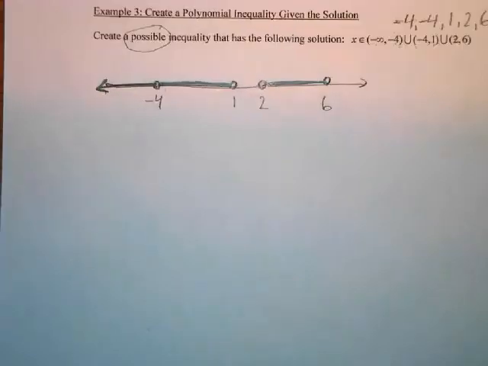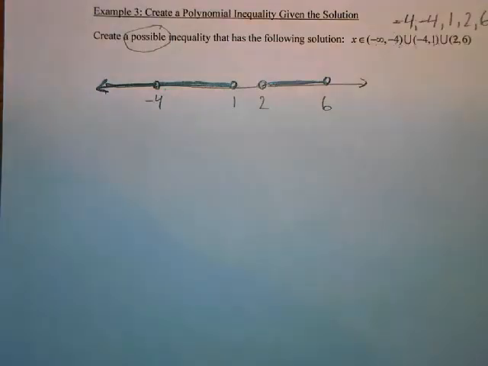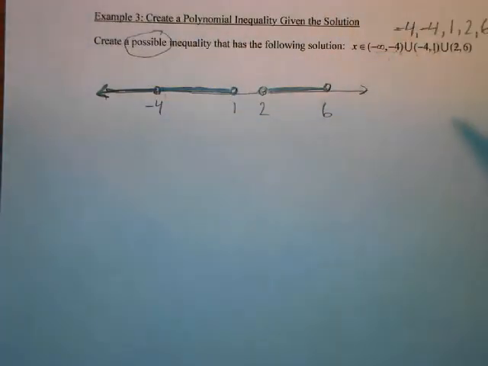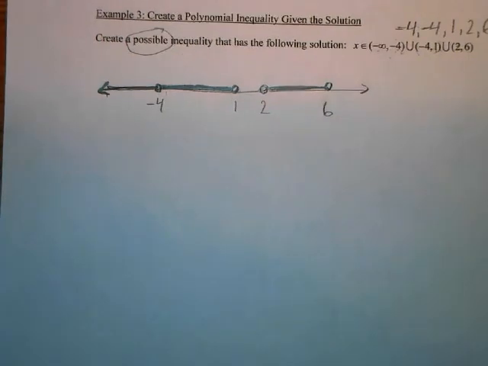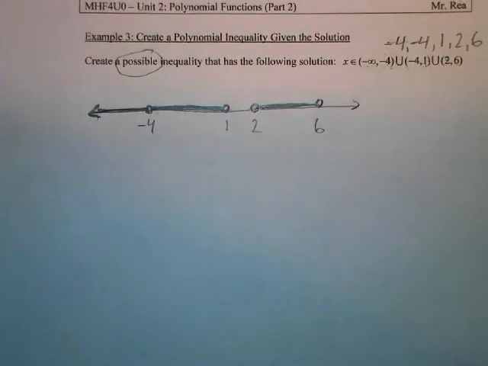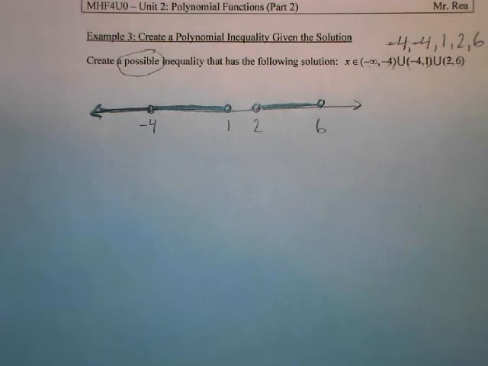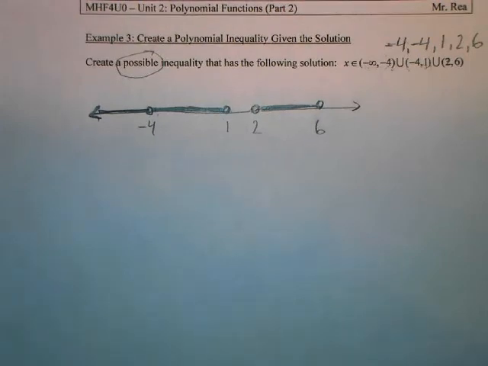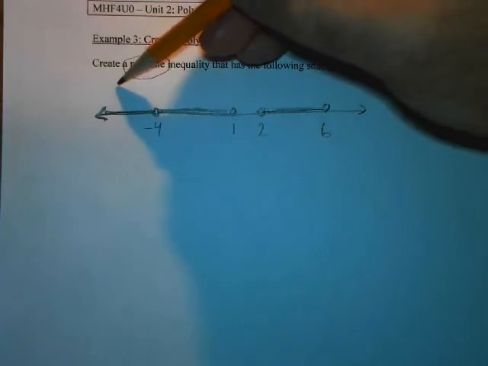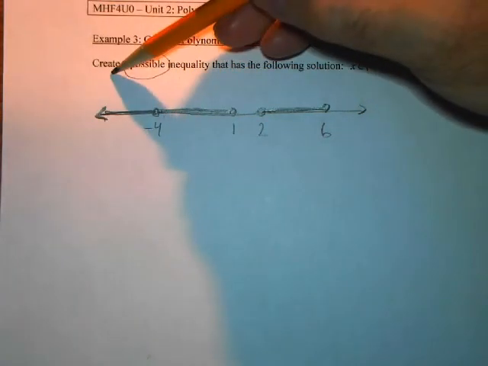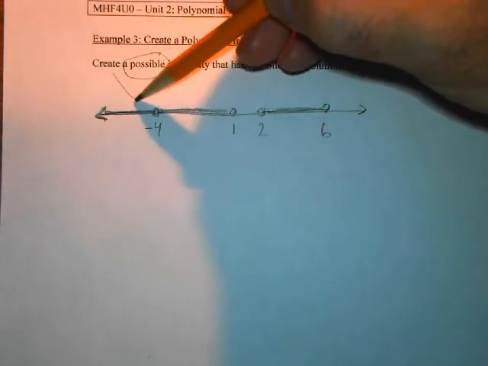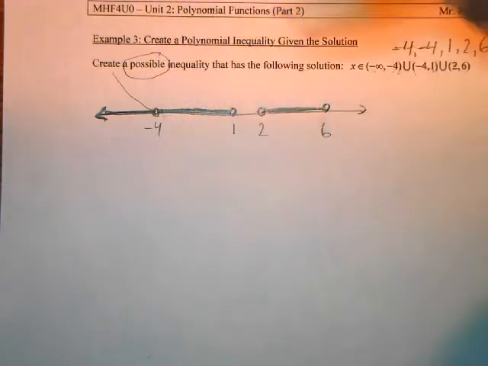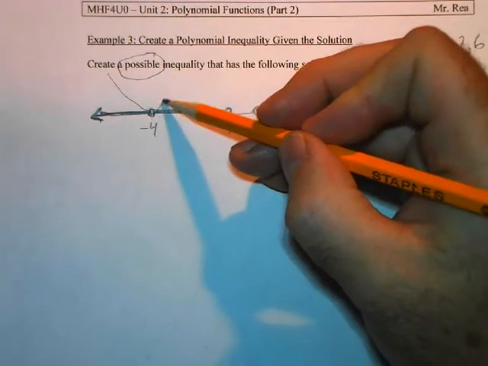Okay, so I have to create an inequality that has this as a solution. Now, one way you can do this is come up with a graph that works for this. So I'm thinking, well, what if my graph or my function comes down here and it hits negative 4 as a 0 and then comes back up?